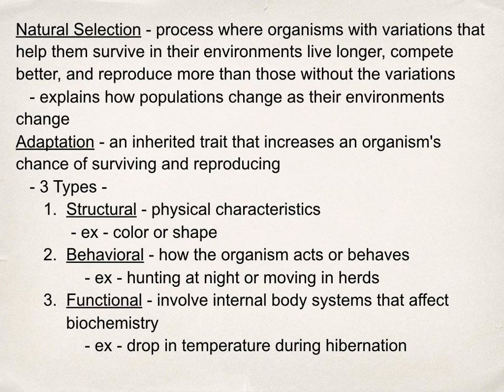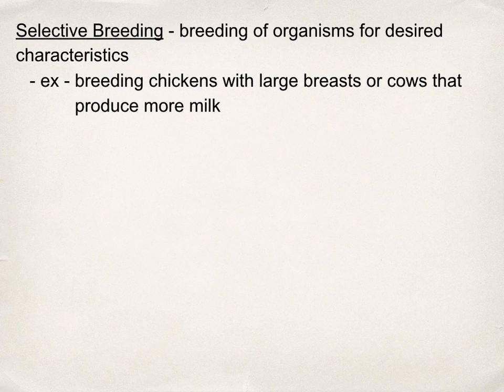Now, sometimes humans interfere, and we try to get the best trait that we can, the most desirable trait for us. We do that through a process called selective breeding. Selective breeding is breeding of organisms for desired characteristics.